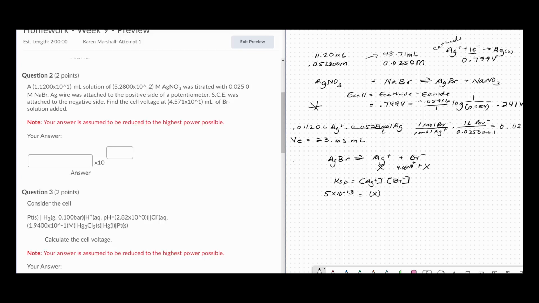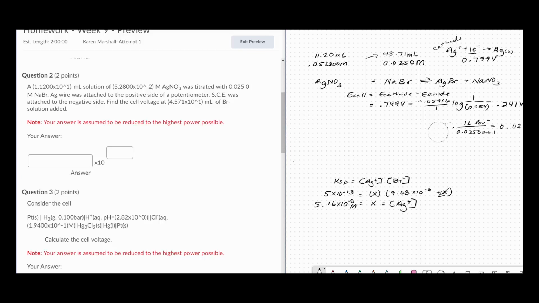X represents the concentration of silver, and then the bromide is represented by 9.68 times 10 to the negative 6 plus X. Now, this is one of those situations where you can simplify and solve for X. So then X is equal to 5.16 times 10 to the negative 8 molar. Now again, that is the concentration of the silver. All of that is done in order to then turn around and put that value right here.